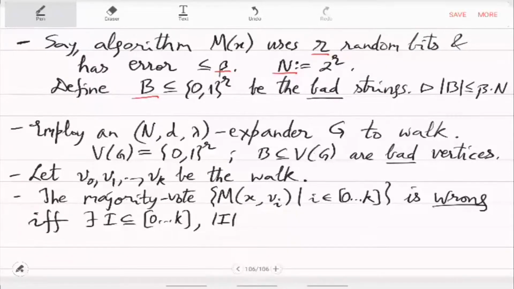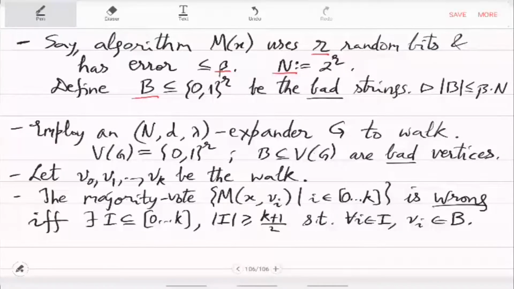So the size of I is at least half. Right, that's the only case when the majority vote fails. Otherwise, the majority vote would have been correct if bad vertices were few.